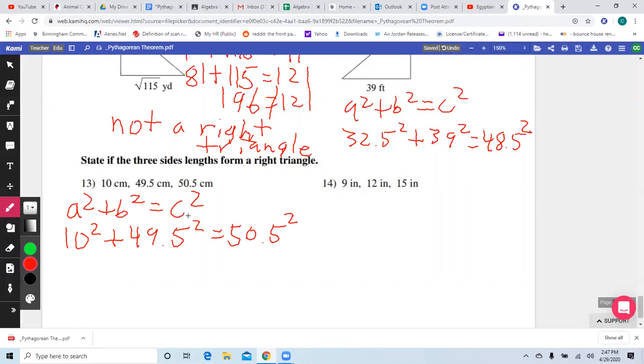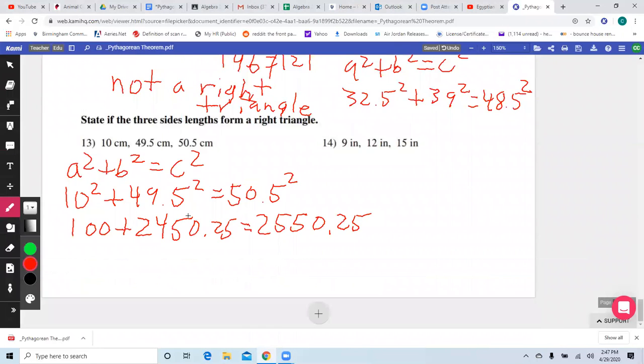So this is 100. 49.5 squared is 2,450.25. And then 50.5 squared is 2,550.25. And now if I add the left side, this works. So this is a right triangle.